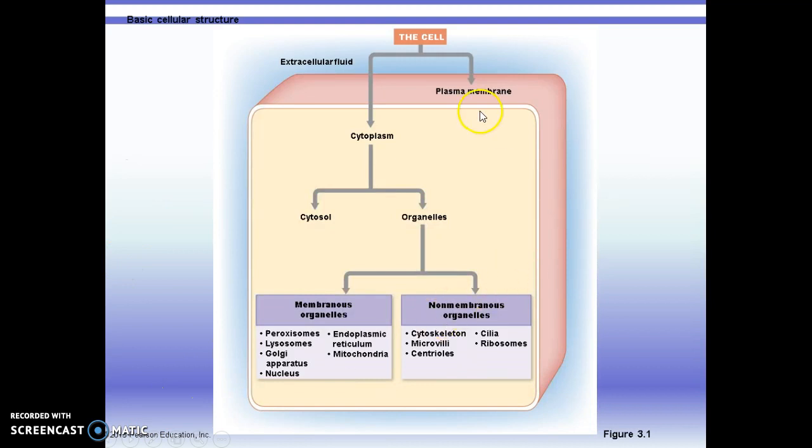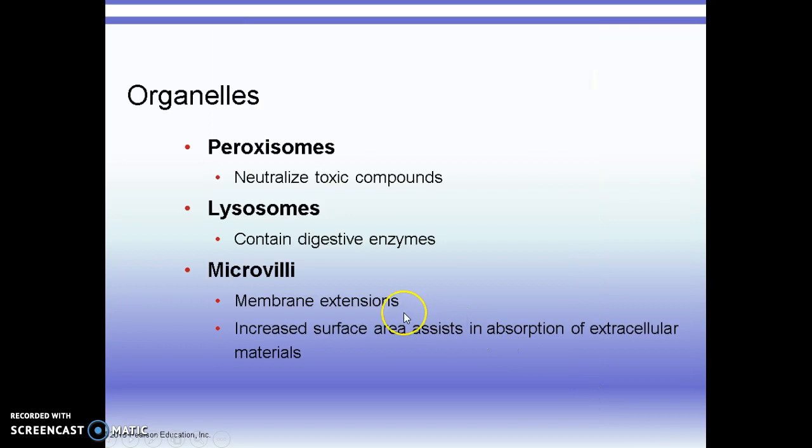Here you can see the plasma membrane in pink, cytoplasm that consists of the cytosol and organelles, and then the different membranes and organelles. So in terms of organelles, know a brief phrase to remember what they do.